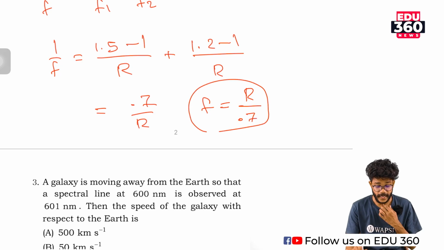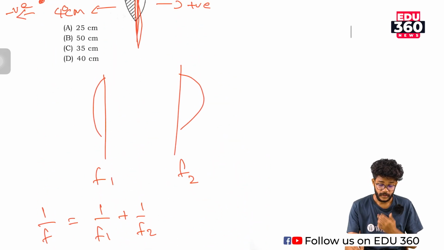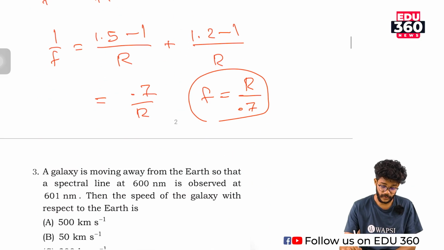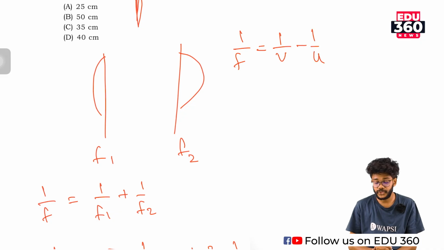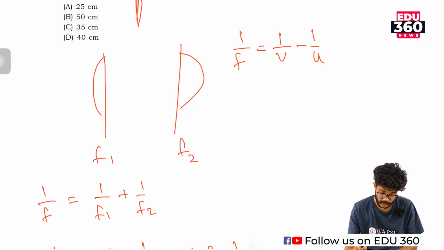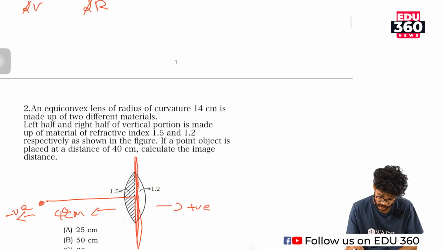Okay, we have the focal length, and we know that 1 by f is equal to 1 by v minus 1 by u, and u is 40 centimeter. Okay, and the radius of curvature is 14 centimeter.